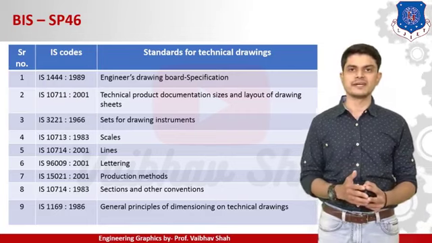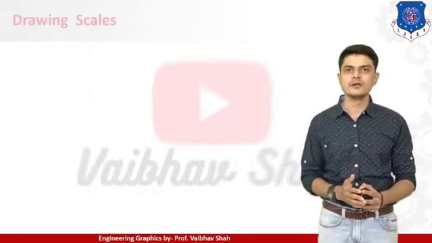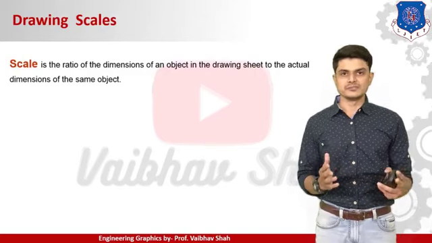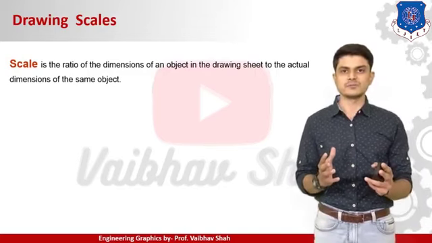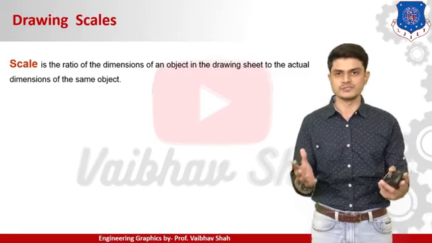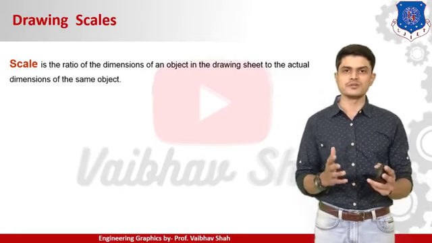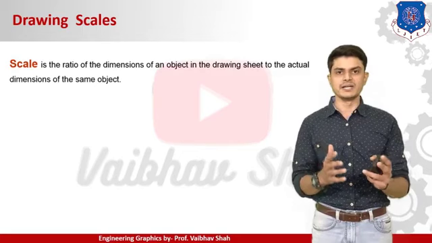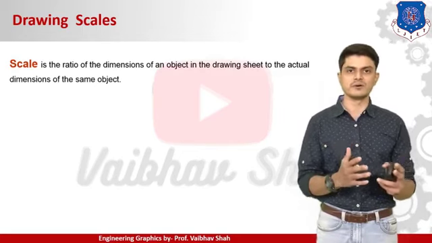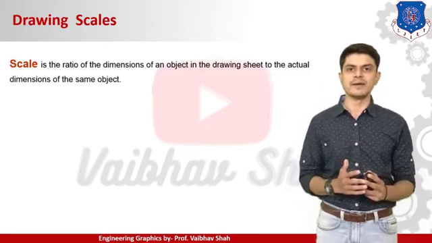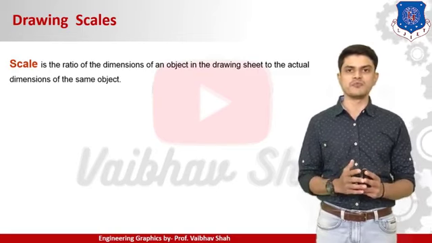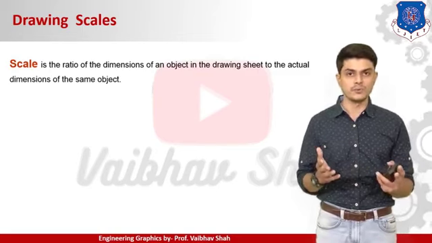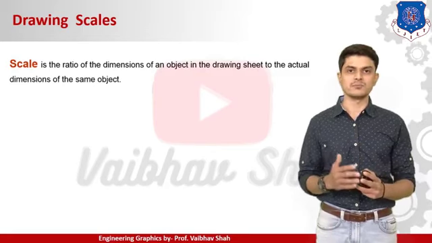Now let's move to our next topic, drawing skills. It is often seen that it is not possible to draw every object on a drawing sheet. For example, if you need to draw a building, or the map of India, is it possible to draw it on a drawing sheet? No. Let's see one more example.